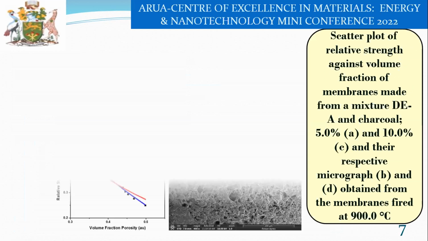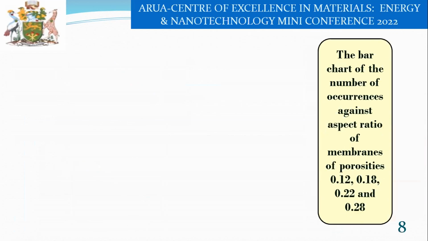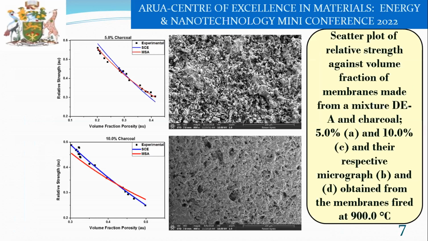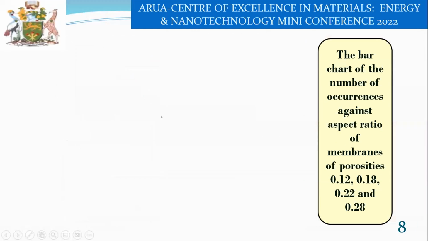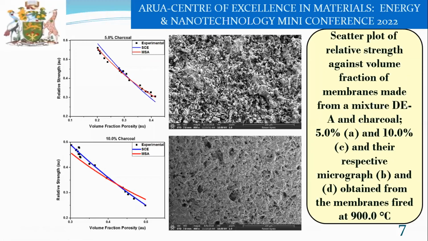And to prove that, we were also able to look at the scanning electron microscope images of the membrane, and we can see quite a porous material. And even when we looked at a material that had charcoal 5% and charcoal 10%, charcoal here was used particularly to introduce more pores in the material, and at the same time we were analyzing its mechanical strength and its porosity.